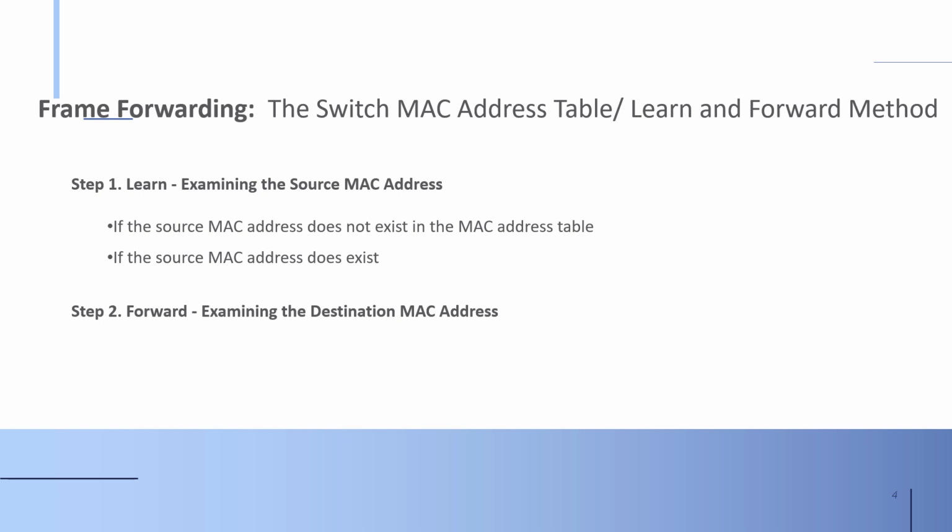If the destination MAC address is in the table, it will forward the frame out of the specified port. But if the destination MAC address is not in the table, the switch will forward the frame out of all ports except the incoming port. This is called an unknown unicast.